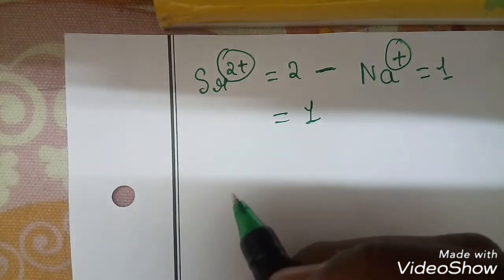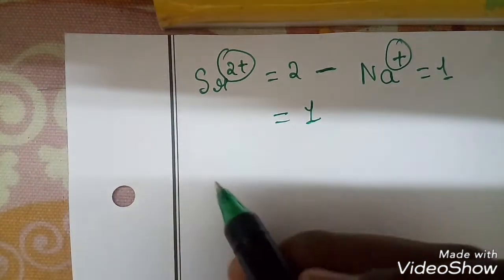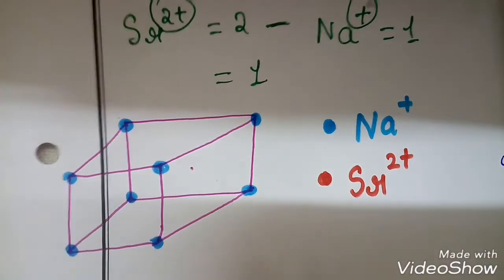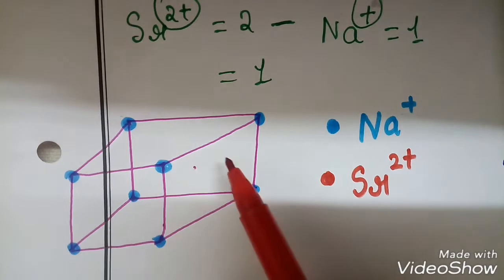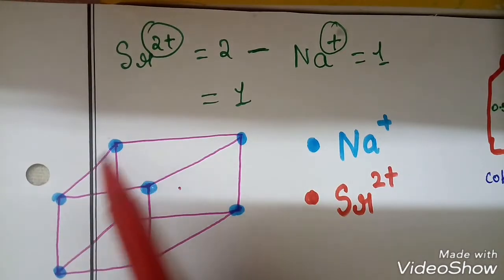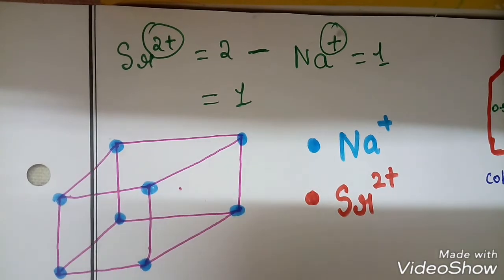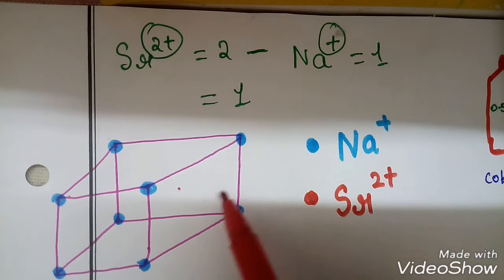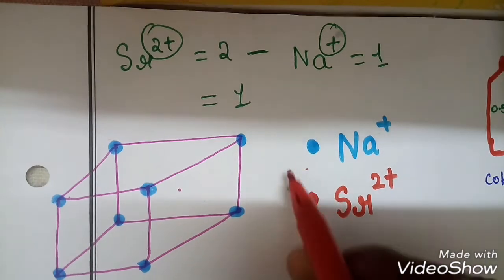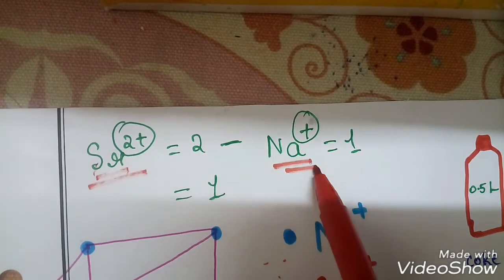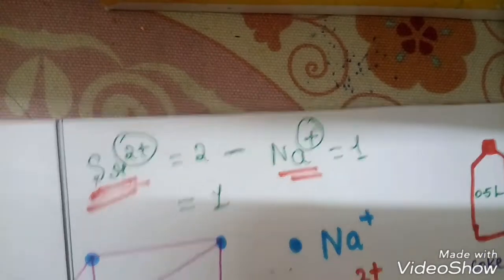Now see, what I'm trying to explain is, suppose we have a crystal of a cube, let's assume. Say I have a crystal of any packing. I'll take the sodium atoms at the corners. These are all sodium atoms, the blue colored atoms are sodium. Now the question was, strontium dichloride is introduced into NaCl.